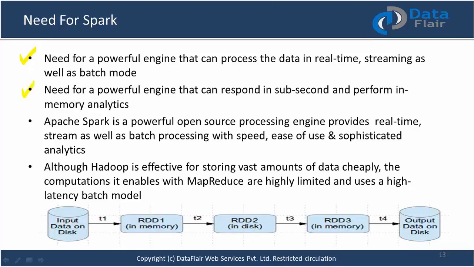Industry needs an engine that can respond in the sub-second range and perform in-memory analytics.